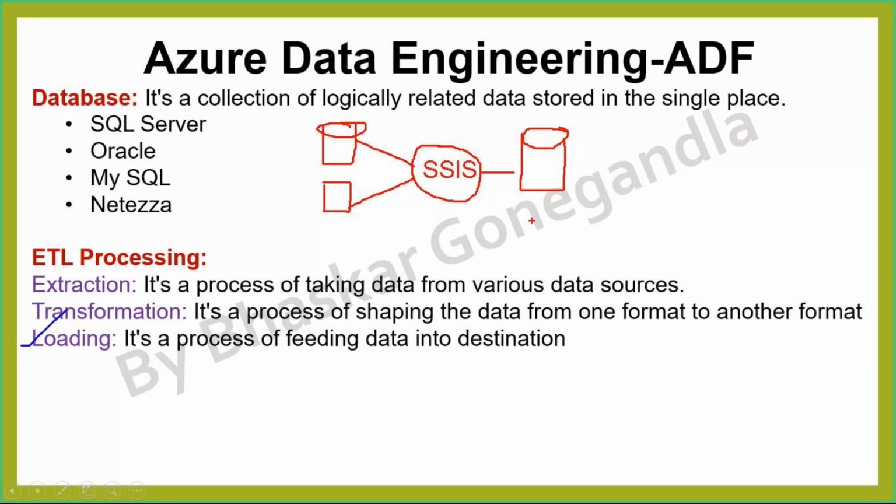The problem here is that this service is not suitable for processing varieties of data. Varieties of data are not possible to process with SQL Server Integration Services. If your data is very huge, then SSIS will take days to process it. If you have a large volume of data, SSIS is not suitable.